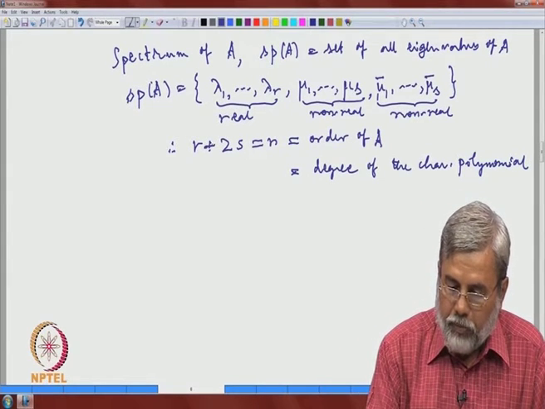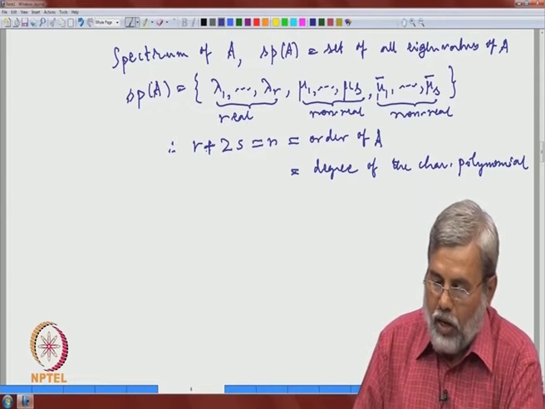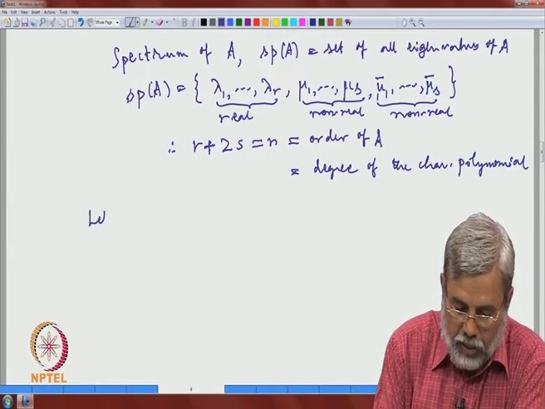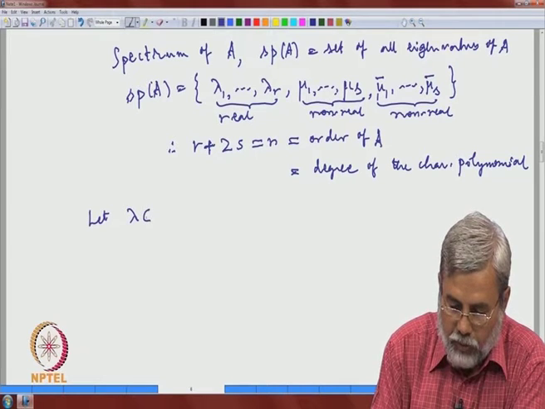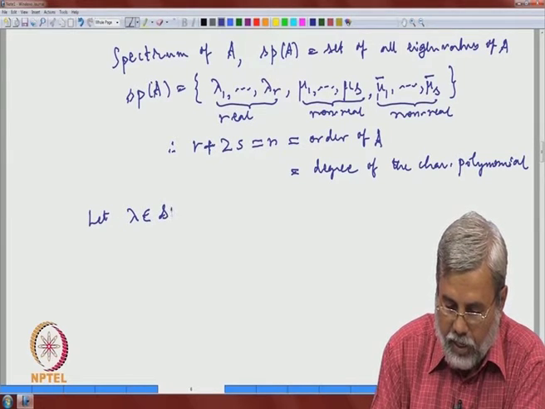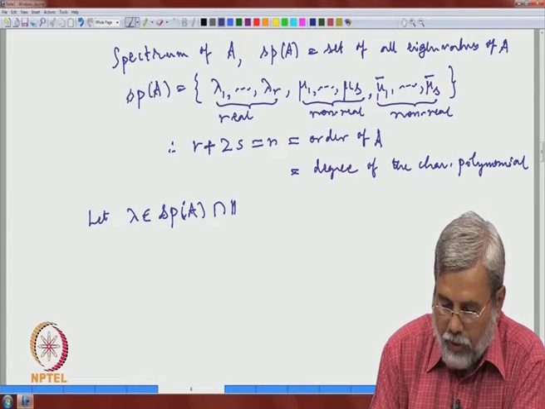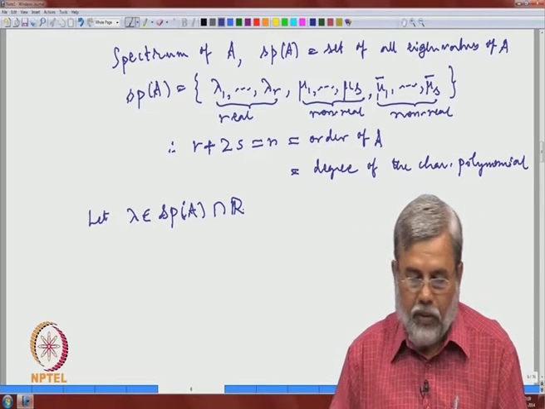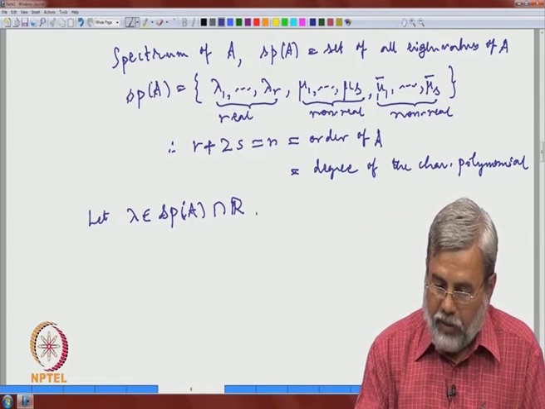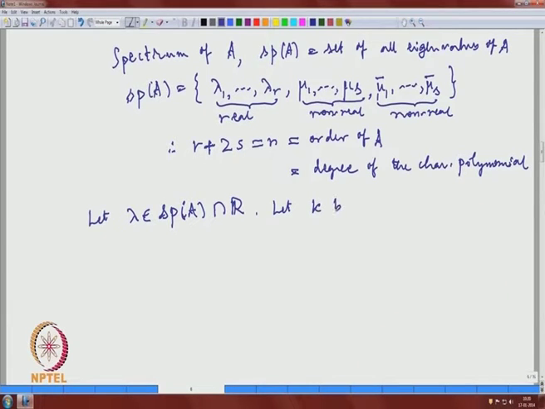Okay. So, now just pick lambda belonging to the spectrum of A, also real. Okay. So, the complex case is similar. Okay. So, let k be the algebraic multiplicity of lambda.